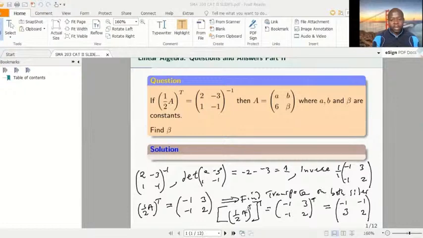Now, what that means is that the part on the left side equals this part. What is this on the left?